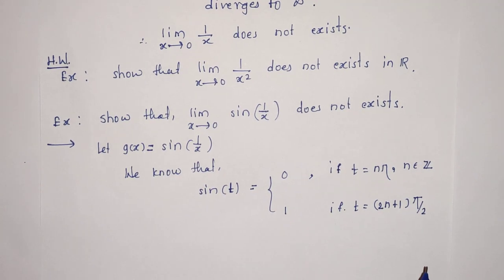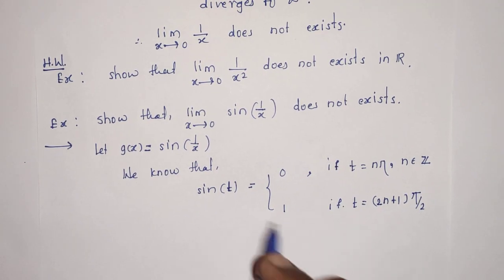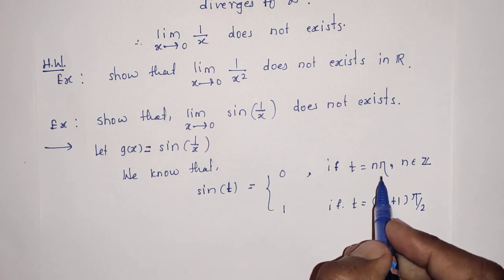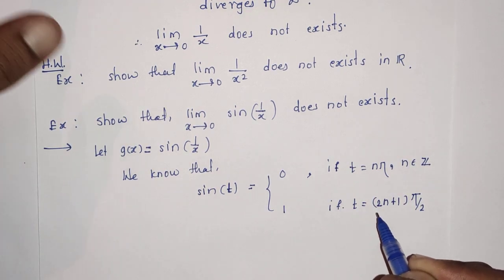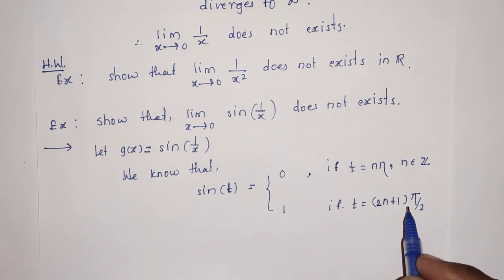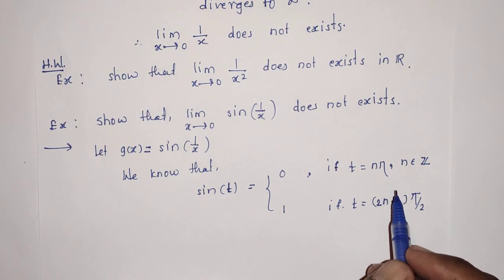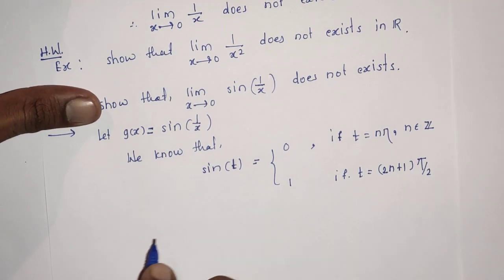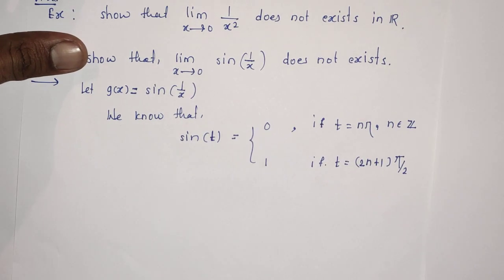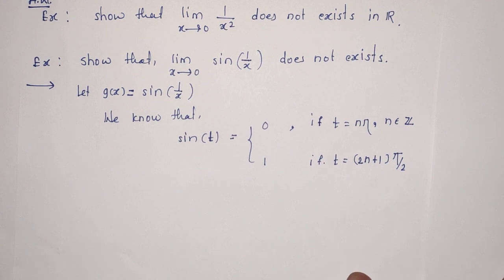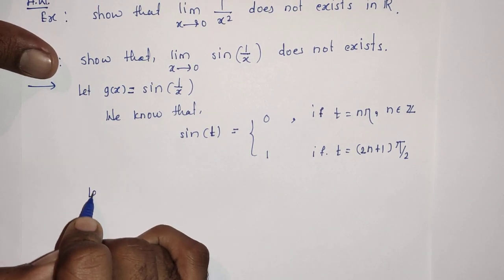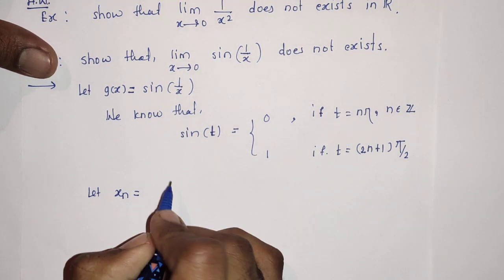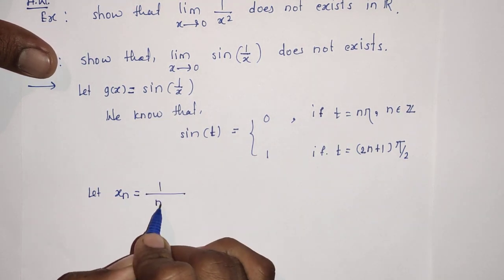Now if we choose xn equal to n pi and yn equal to twice n plus 1 times pi by 2, then those will be two sequences. Also, now let xn be equal to 1 upon n pi.